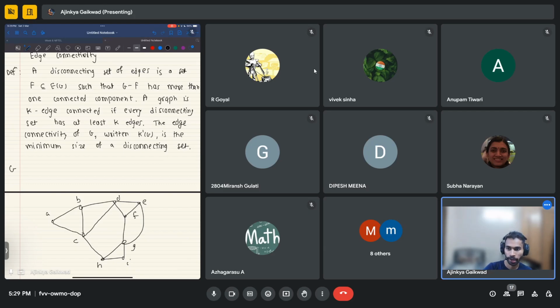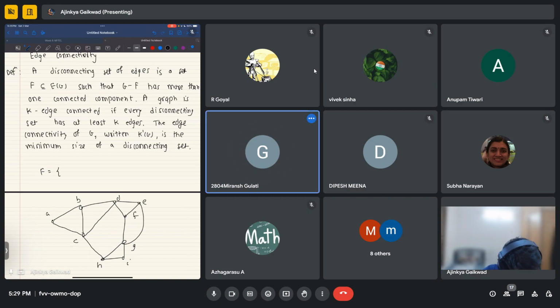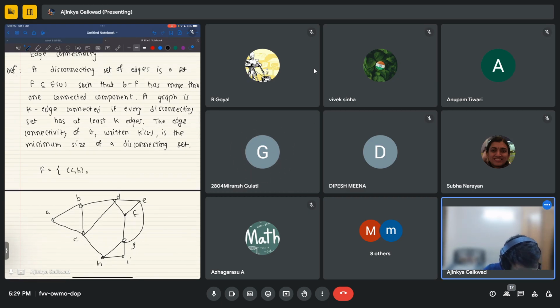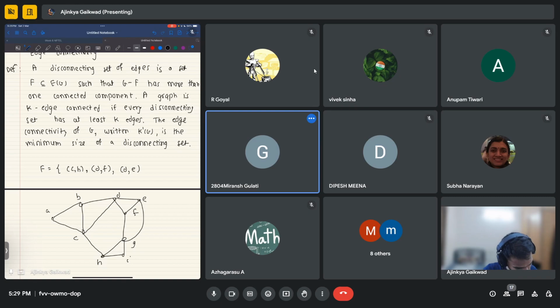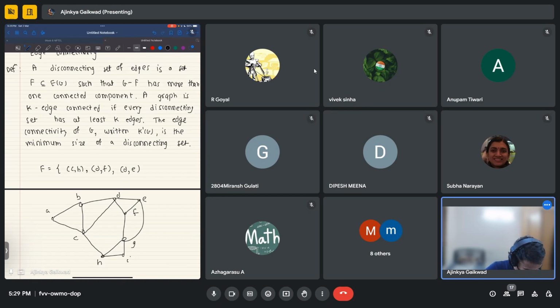Can anyone suggest an edge cut? Let me denote it by F. Let's say here is a graph G. Can you give me an edge cut? Any edge cut? CH, DF, DE. So he basically says delete these edges.